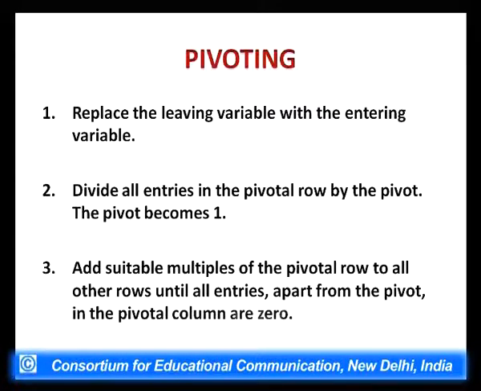And the further thing we have to do is make all the values in the pivot column 0. This will be done by suitably multiplying the pivot row values, either positive or negative, and then adding or subtracting to the other rows, so that the value in the pivot column becomes 0.